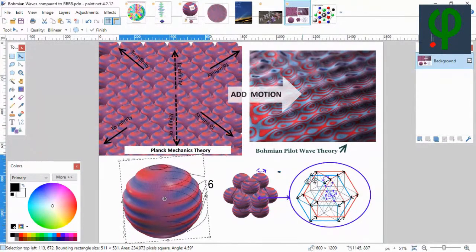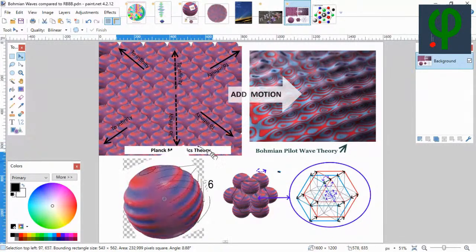So the red is spherical. It blends from being a cuboctahedron to being a sphere that's red around the outside. And the blue becomes a blue sphere, and the purple becomes a purple sphere in the middle. And so gravity is the in and out towards the middle of this sphere.